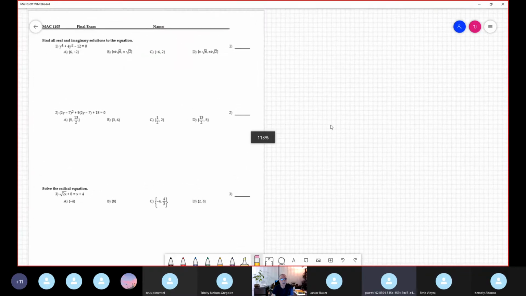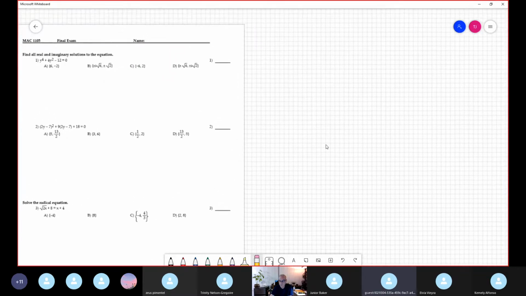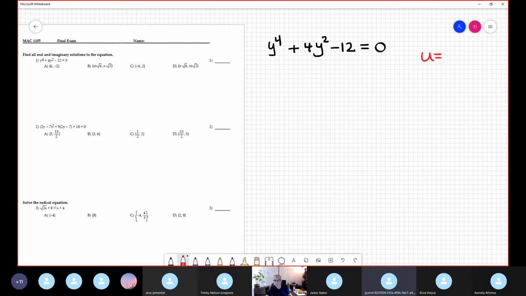Okay, the first problem says: y to the 4th power plus 4y to the 2nd power minus 12 equals 0. This is a quadratic-form equation, similar to the thing we used in test number 1. Remember, you declare the auxiliary variable u equal y squared.